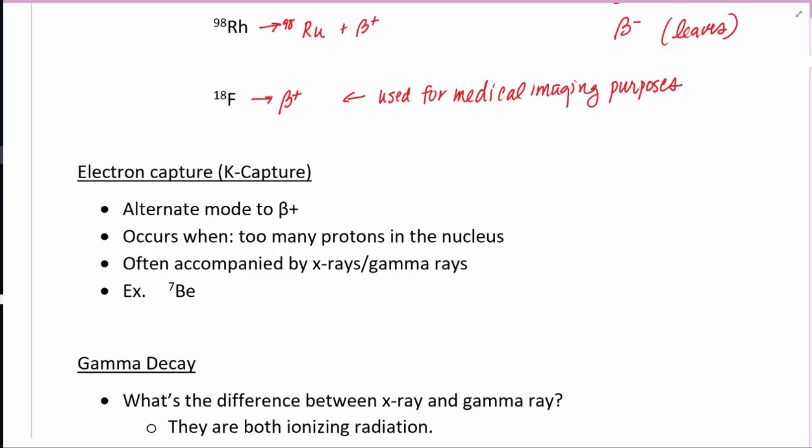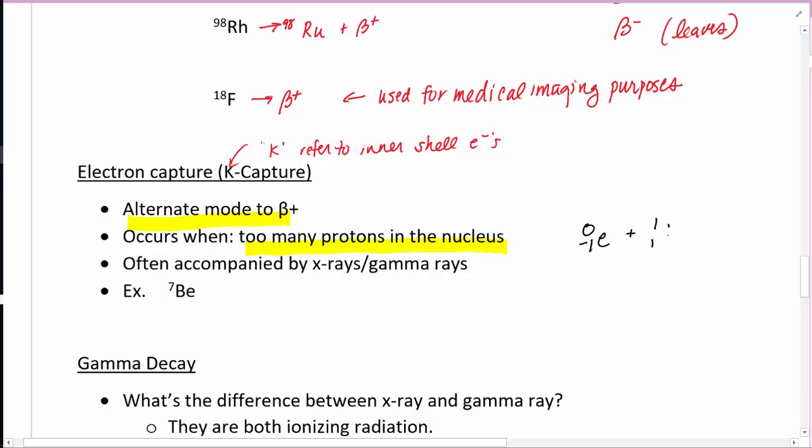So we had beta, we had positron, we have electron capture. It's sometimes called K capture because K is a way to refer to the inner shell of electrons. And notice, this is an alternate mode to beta positron. So it occurs, again, just like in positron emission, when there's too many protons in the nucleus. And essentially what happens here is that some electron combines with a proton in the nucleus, and it produces a neutron.